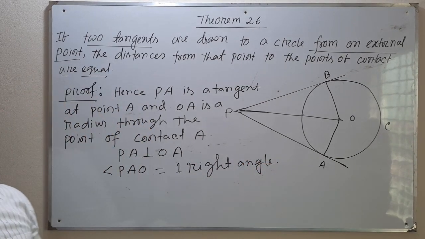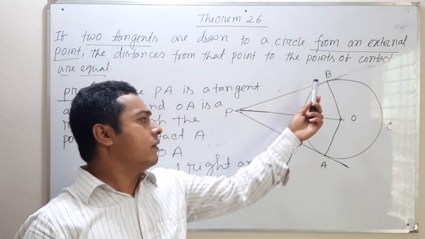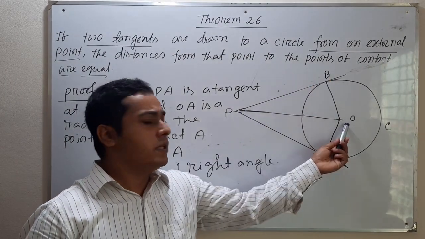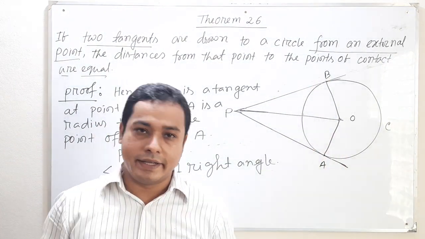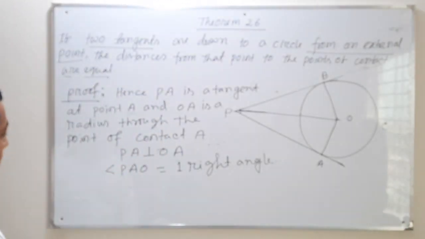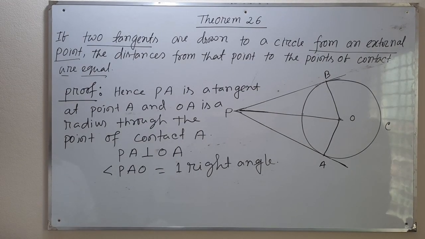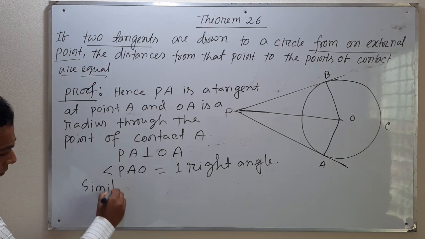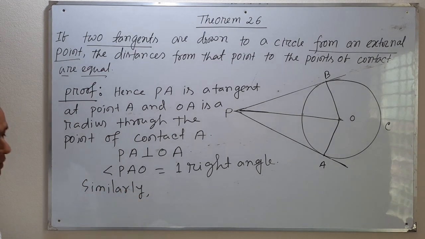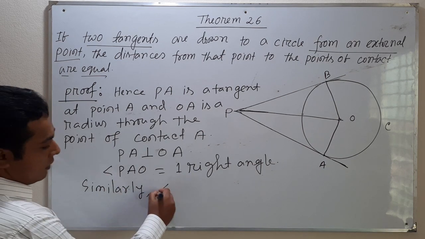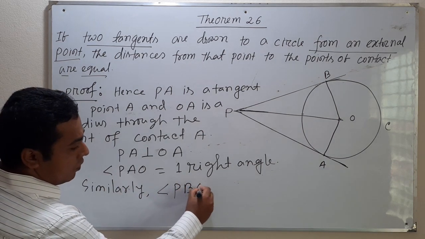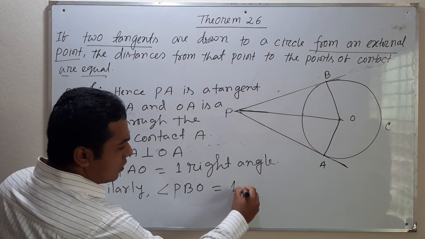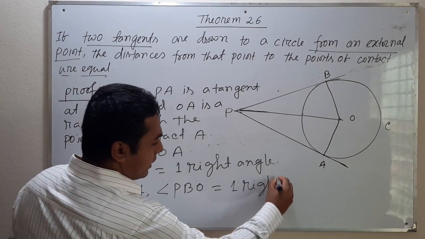Similarly, for this point, we can write PBO is also 1 right angle.